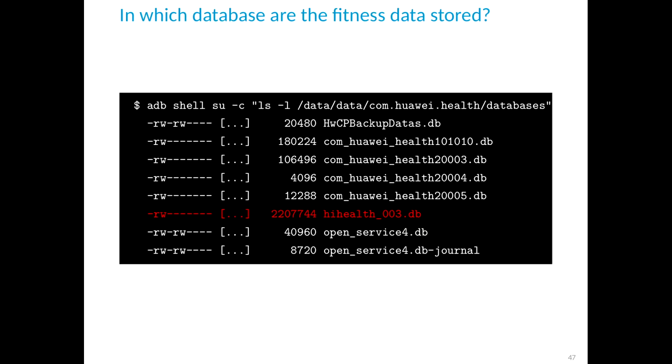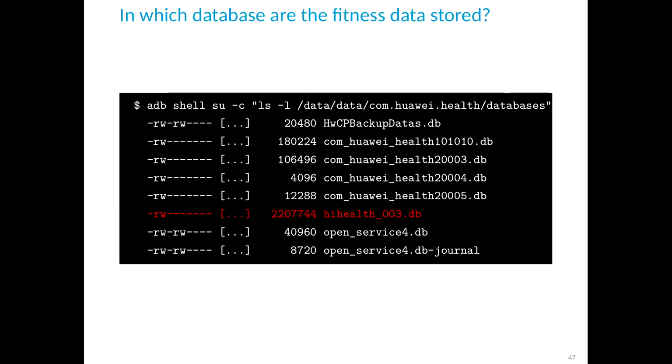I had no idea in which databases the fitness data and the health data are stored. But I realized that there's one database which is much larger than the other databases. So I had the idea, maybe this is the interesting one. The interesting one is the HI Health _003 database.